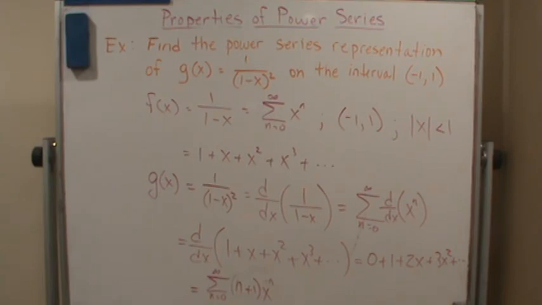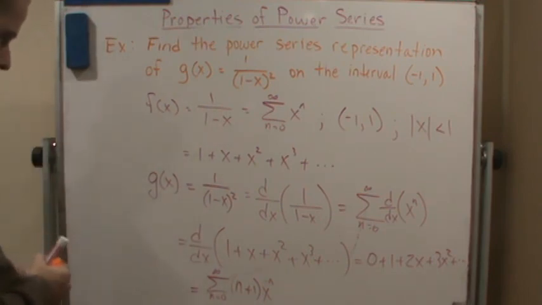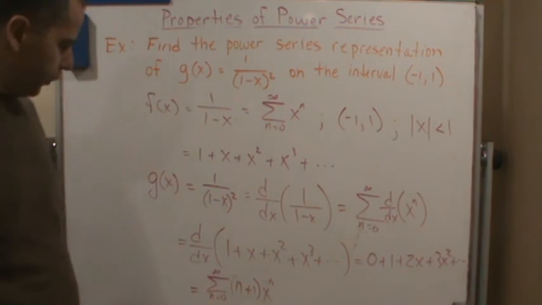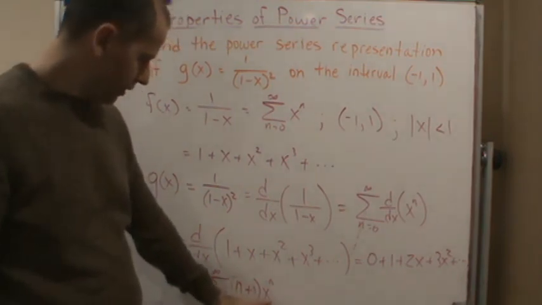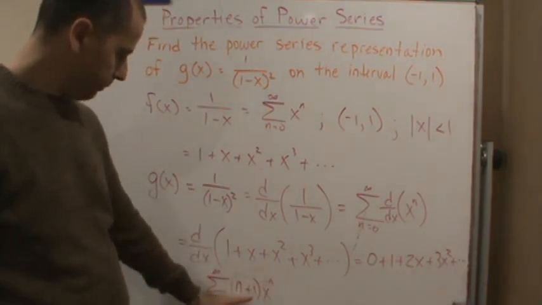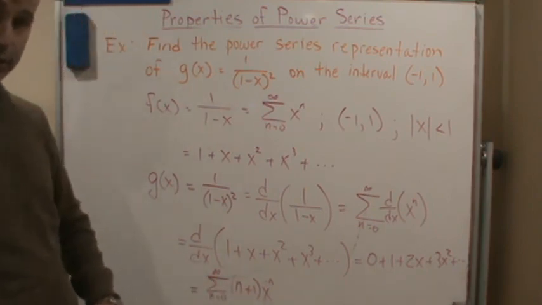Let's see here. Okay, let's test the endpoints. Now, we can test the endpoints by using the divergence test. So we can find that the series diverges at both endpoints by using the divergence test. If we use the divergence test when x is 1, what do we get? We get 1 to the nth power, and we get n plus 1. So we basically just get n plus 1, which is divergent, right?